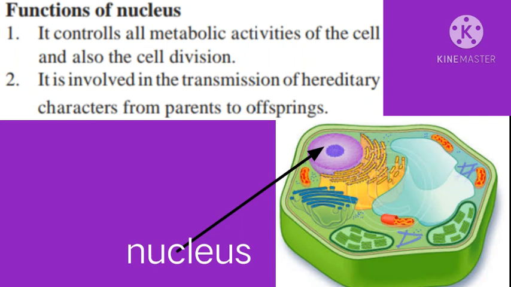Second function, it is involved in the transmission of hereditary characters from parents to offspring. Offspring means their young ones. The characteristics are transferred from parents to their next generation. Here also the nucleus plays an important role.